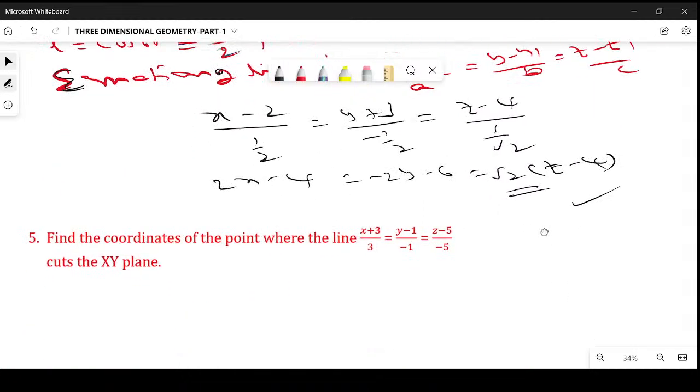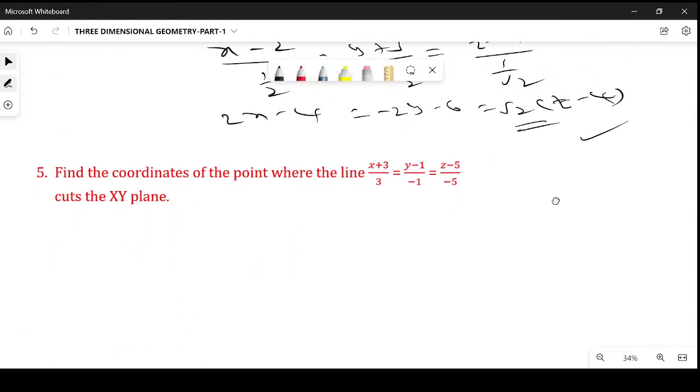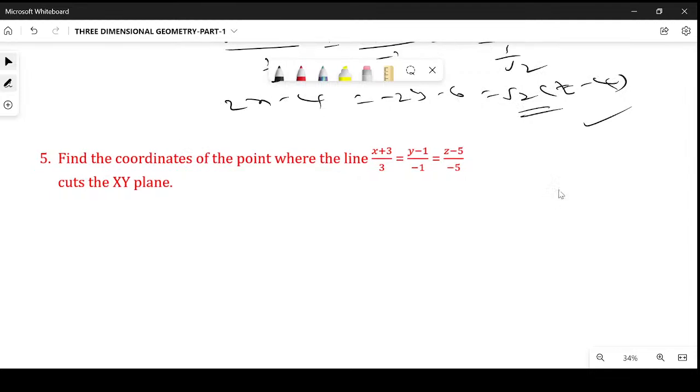Question number 5. Find the coordinates of the point where the line cuts the xy plane. When the line cuts the xy plane, the z coordinate will be 0.